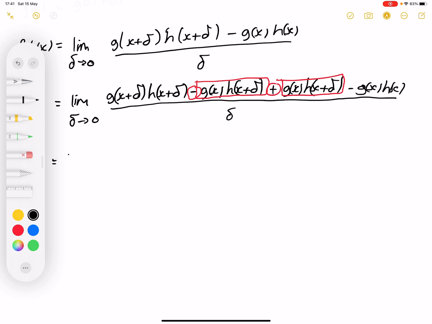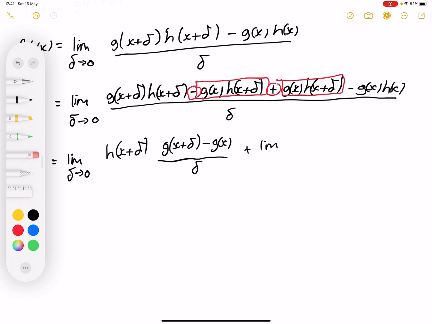And this will be equal to the limit, as we're doing some factorizing now, as delta tends to 0 of h of x plus delta times a whole bracket, all over delta, g of x plus delta minus g of x, over delta. Now, some of you may have spotted a pattern already. It's okay if you haven't. It will become more clear later.